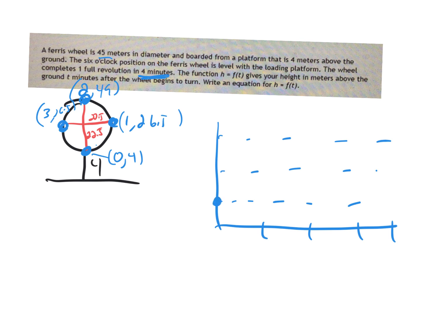So at time 0, it's 4. At time 1, it's at 26.5. At time 2, it's way up here at 49, and this is 26.5, and of course that's 4. Notice I'm kind of losing my scale in this, but it'll get me what I need. And then 4's back down in the beginning.